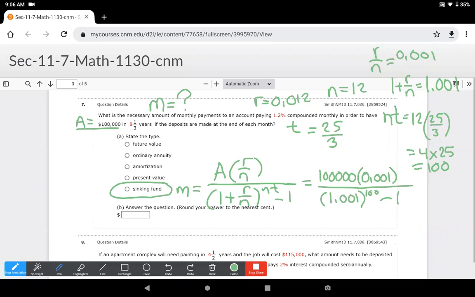Okay, so sticking that in the calculator gives a value of $951.33.